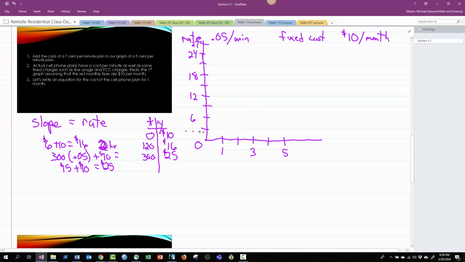All right, so it's 0 minutes. The cost is actually 10. So at 0, it's 10, about right there. At 120 minutes, which is 2 hours, it's 16. And then at 300 minutes, which is 5 hours, it's $25.